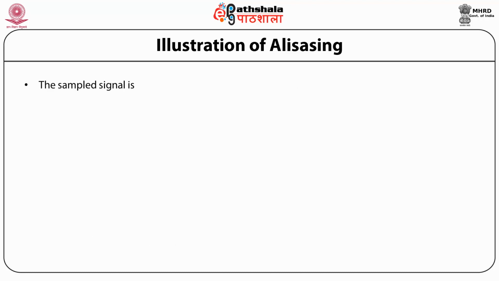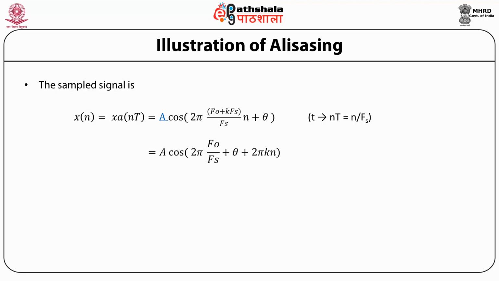So the sampled signal is represented by x(n) equal to xa(nT) equal to A cos(2 pi (F naught plus k Fs) by Fs n plus theta), where t is replaced by nT equal to n by Fs. So this is equal to A cos(2 pi F naught by Fs n plus theta plus 2 pi kn), which is equal to A cos(2 pi f naught n plus theta).